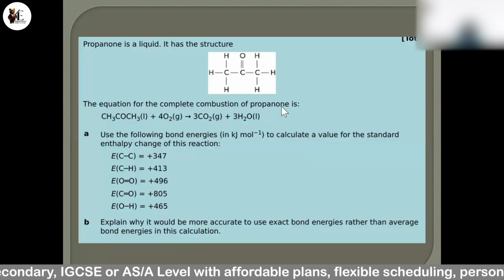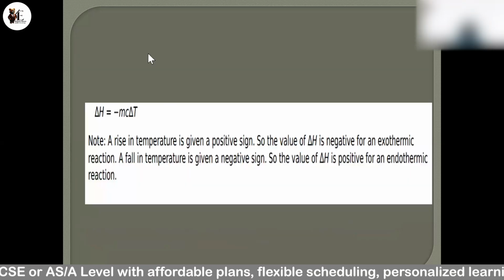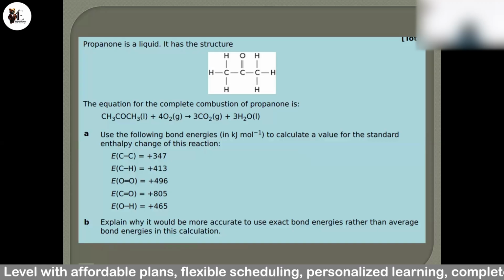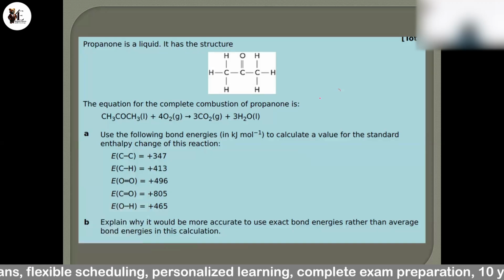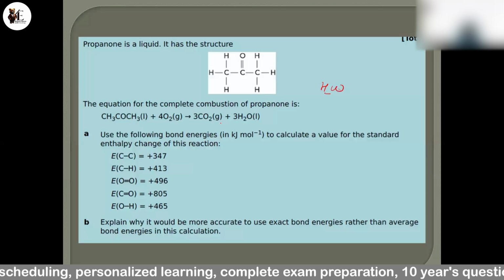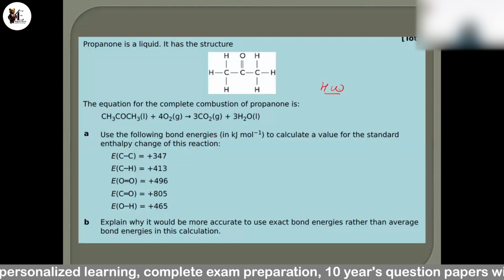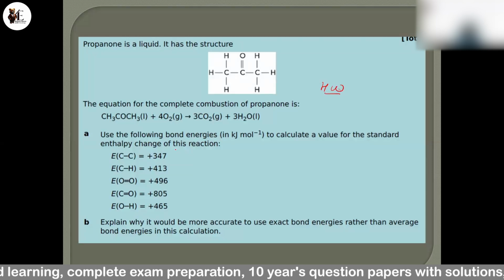Here is a good question for today. Propanol is a liquid and it has the given structure. The equation for the complete combustion of propanol is given. Then you have to use the following bond energies to calculate a value for the standard enthalpy change of the reaction.